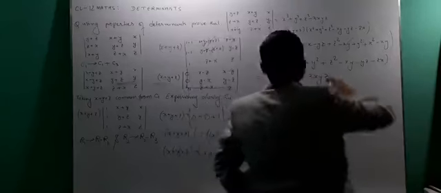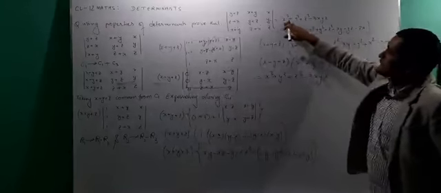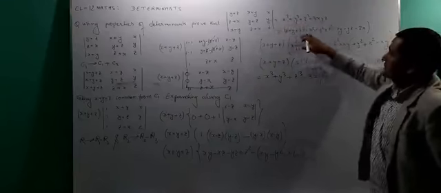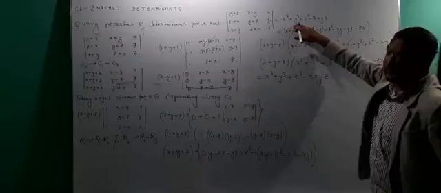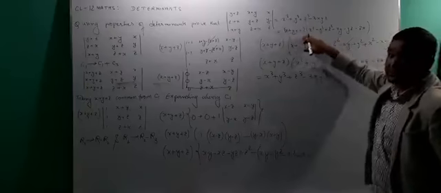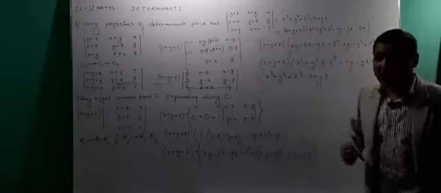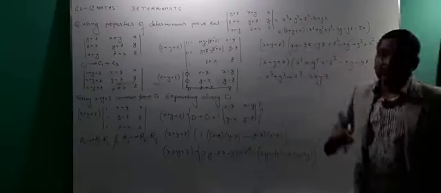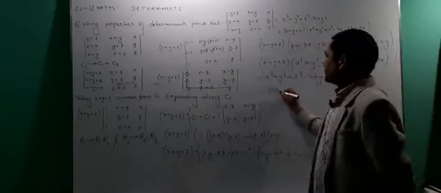This is the important part, so remember the formula of x cube plus y cube plus z cube minus 3xyz and its factors. After getting these two factors, the product equals the final expression. Now this equals the right hand side.